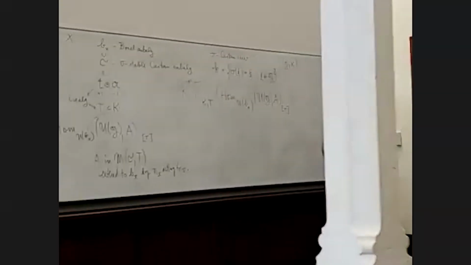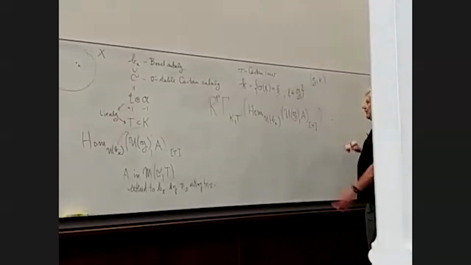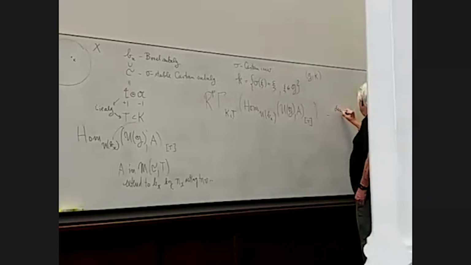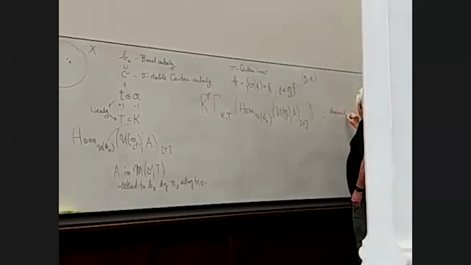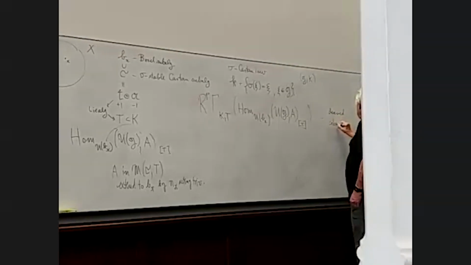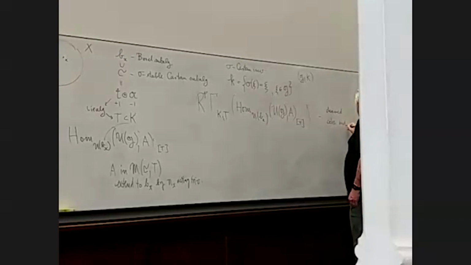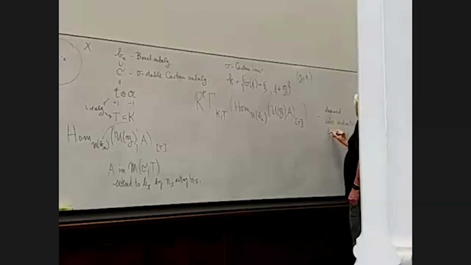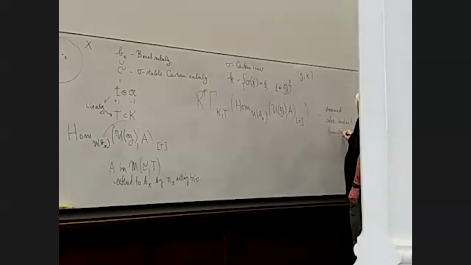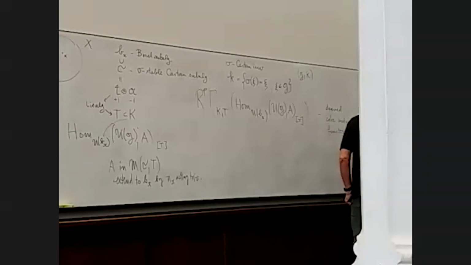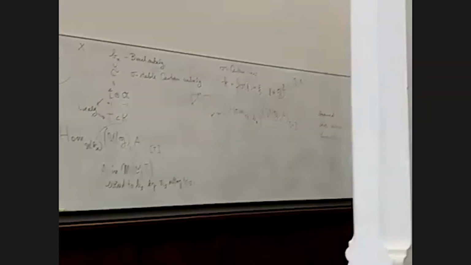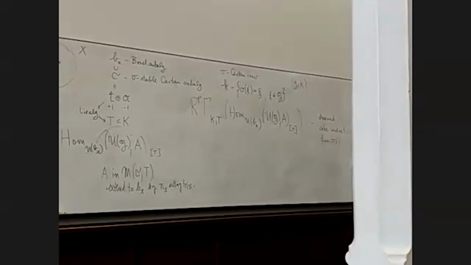And this is, so these functors are called derived cohomological induction. Again, at the moment, it's completely unclear why, but you will see this.